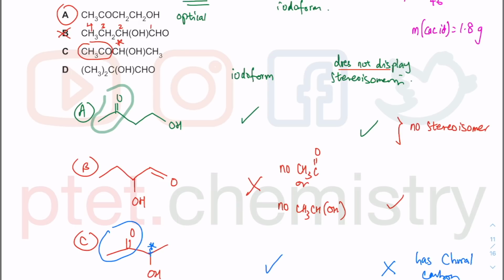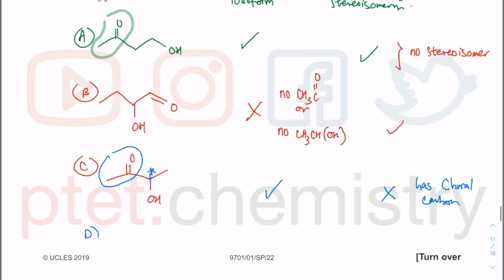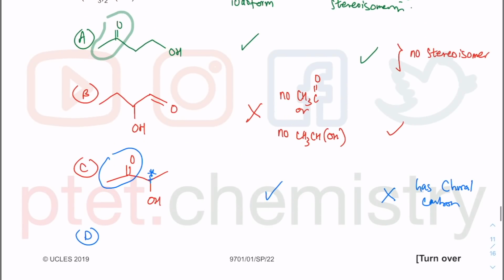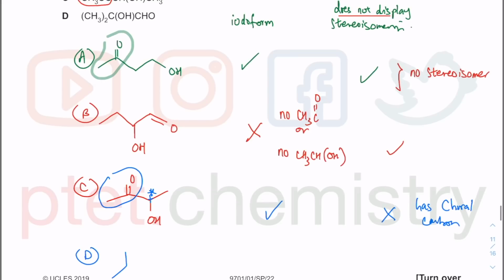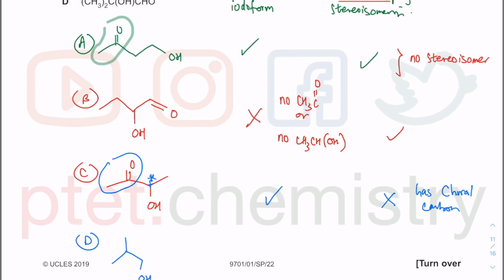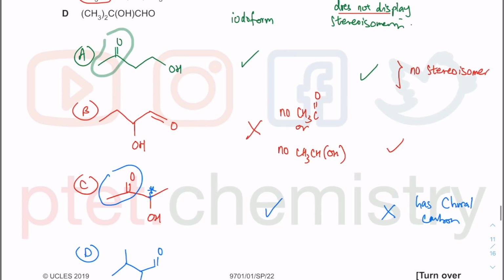And last but not least, you have a CH3. Actually, this is no iodoform, because if you look at D, this is CH3, and then COH, like that. Am I correct? No, that's not correct. It should be this, and then aldehyde. So CH3 twice, and then carbon with no hydrogen, CH3 twice, carbon with no hydrogen, bonded to OH, CHO.